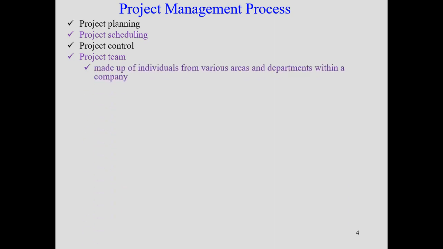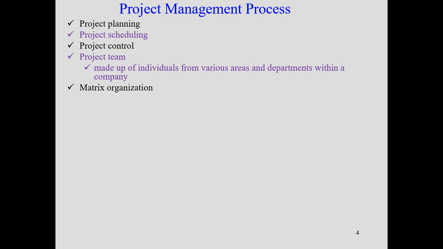So what is basically the project management process? The first step in all project management is project planning. Then project scheduling, project control. Then we have to frame or design a project team, made up of individuals from various areas and departments within a company, from different disciplines, different specializations, etc. Then we have to form an organization structure.